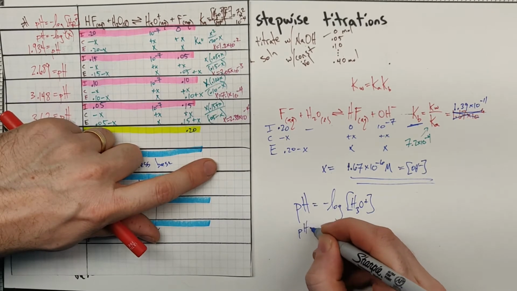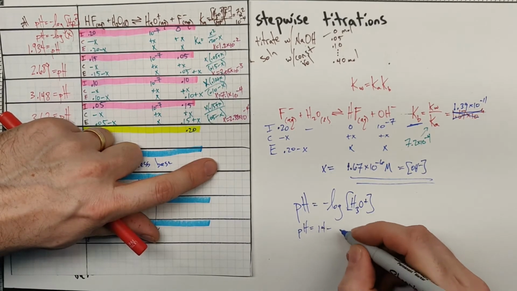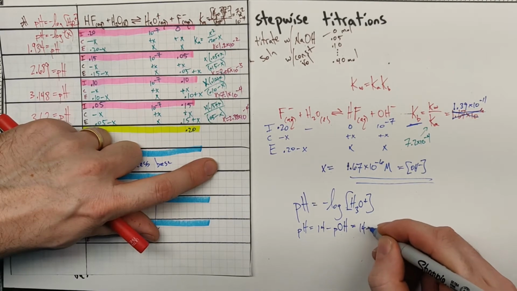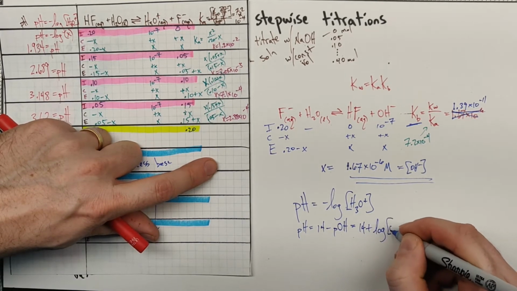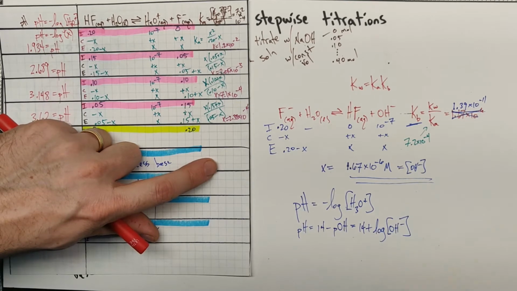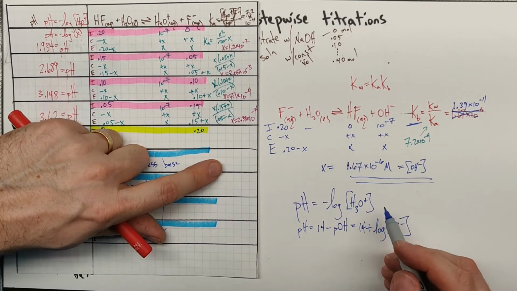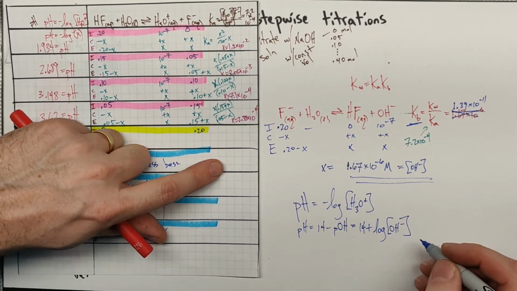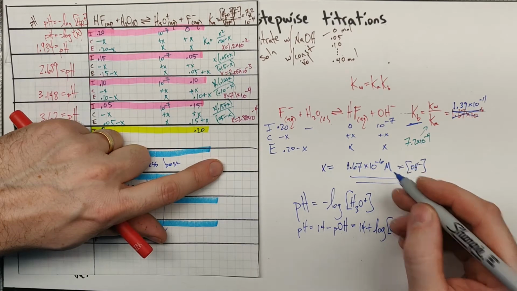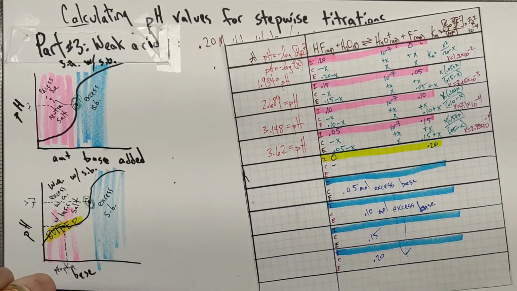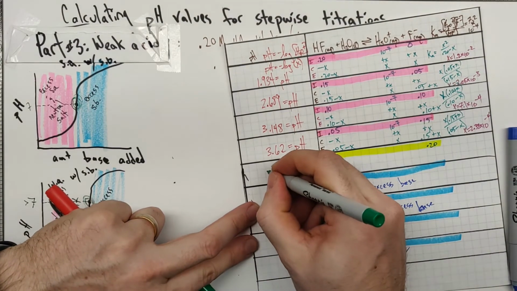Our pH is going to be 14 minus our pOH, which is 14 minus or plus the log concentration OH minus. All right, and so when we plug this number in here, we get a pH of 8.22. So our concentration OH minus is this, and we get a pH of 8.22. So I will write that in right there, perhaps in green.